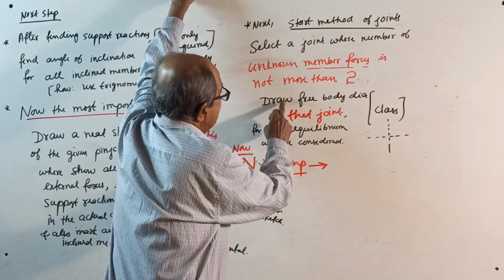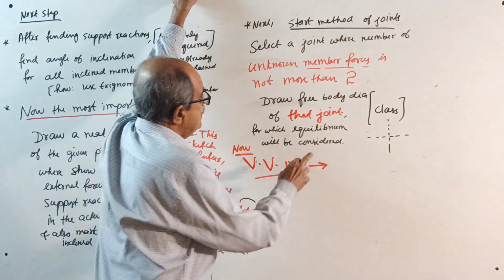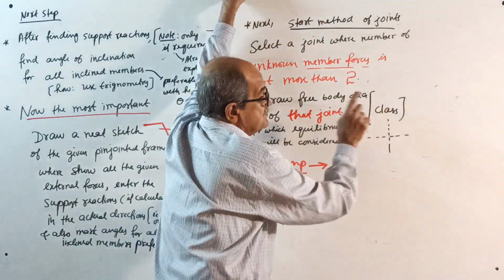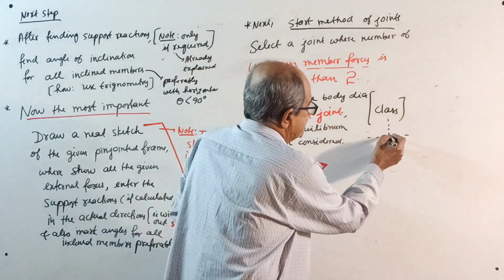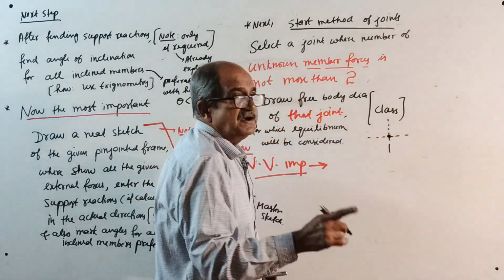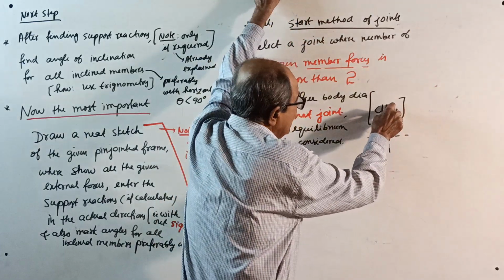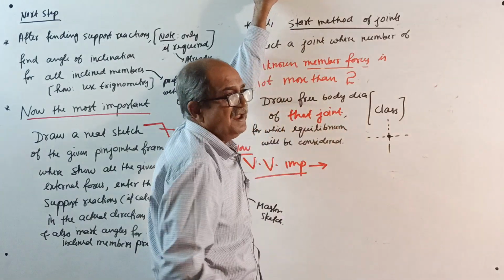Then draw the free body diagram of that joint. Now, class, I will dictate something. First put a dot. That dot is the joint. Better draw one dotted vertical line and one dotted horizontal line.